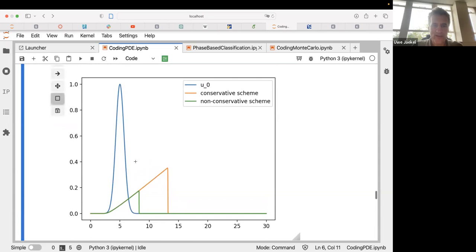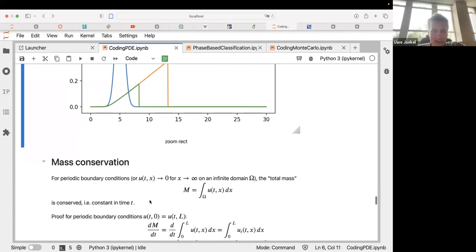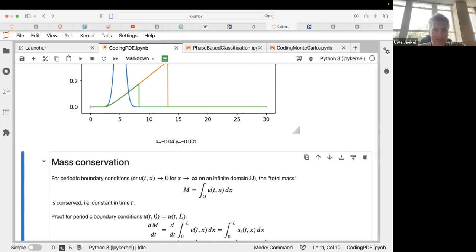So what I just told you, that the mass should be conserved, that can be proved easily. I assume periodic boundary conditions. So every piece of mass that leaves the system here re-enters here. This is a periodic boundary condition. So the concentration at L will be exactly the same as the concentration at zero.